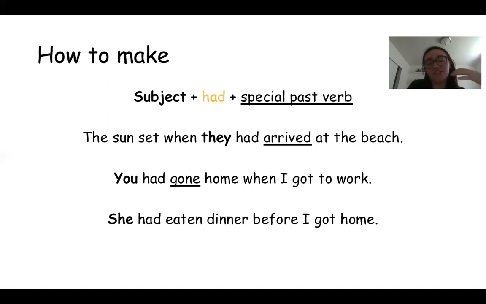When we talk about she had eaten dinner before I got home, if we wanted just this sentence right here, if we wanted to say present perfect tense, we would say she has eaten dinner. So it's really easy to confuse the present perfect tense right here, the present, and then the past perfect tense. Because the only difference is that when you're making it, you use had for the past instead of saying have or has for the present.